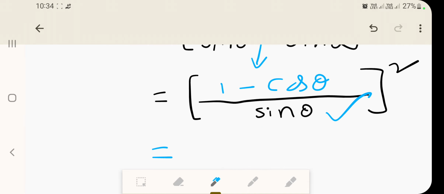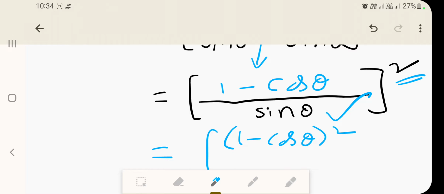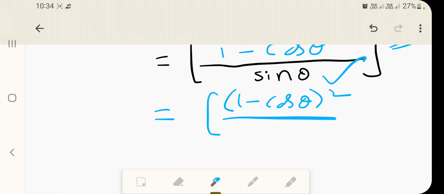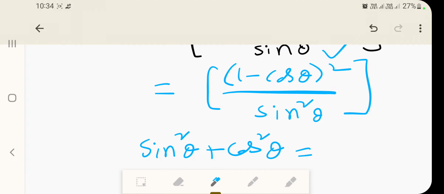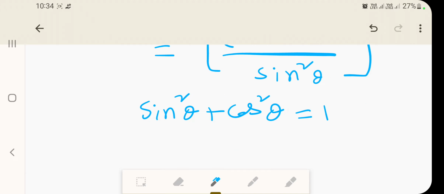Now we can take the square for the numerator also: (1 minus cos theta) whole square divided by sin square theta. And we know the identity sin square theta plus cos square theta is equal to 1.